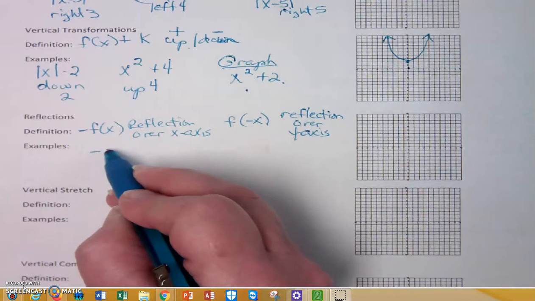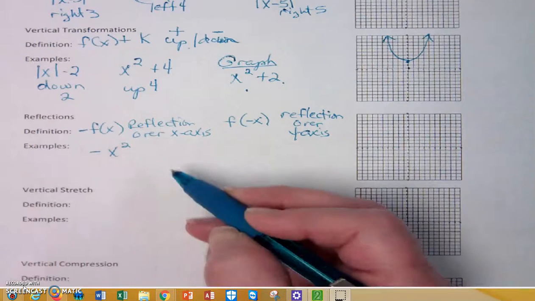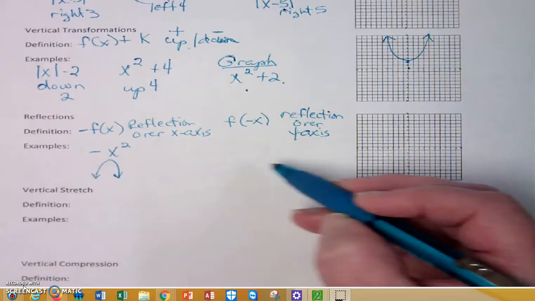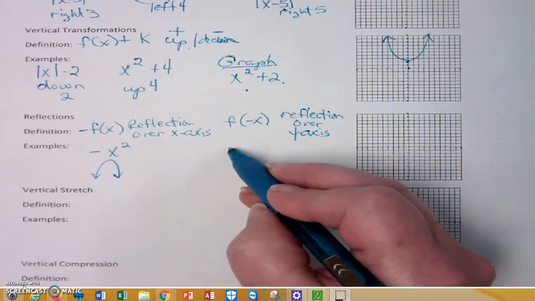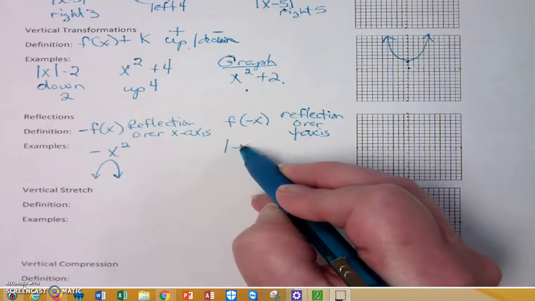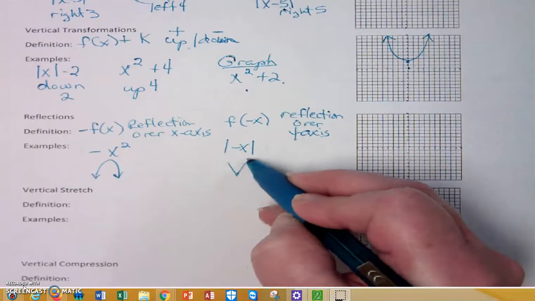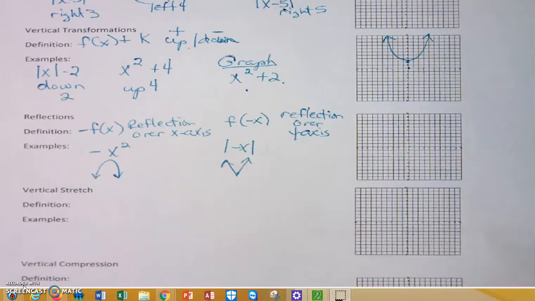So if I have negative x squared, my parabola is going to open down. But if I have the absolute value of negative x, because of the nature of absolute value, my graph is still going to open up, because the absolute value of a negative number would still be positive.